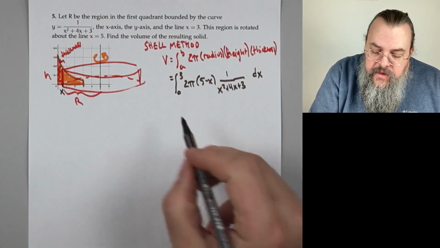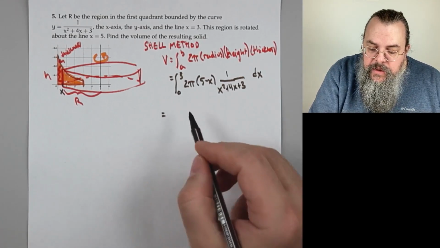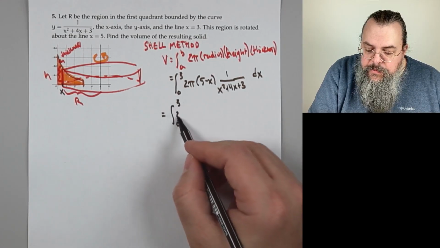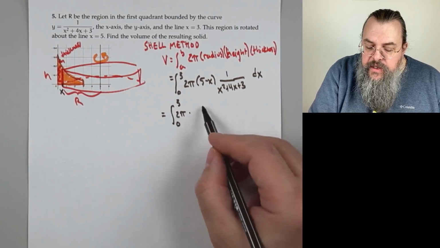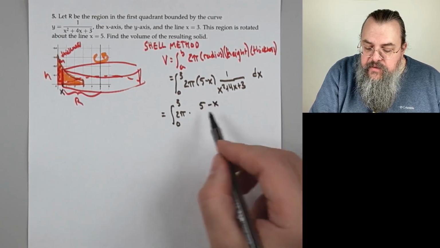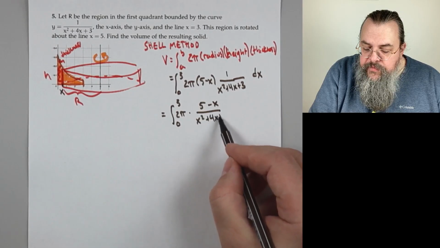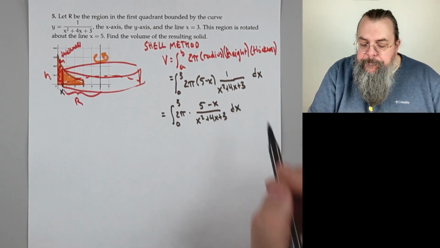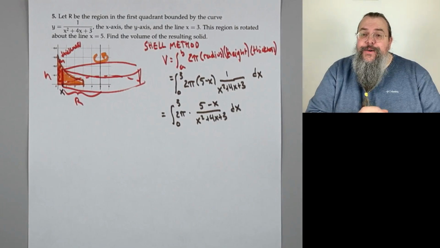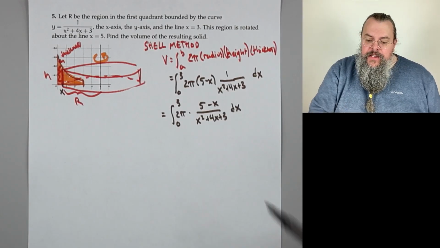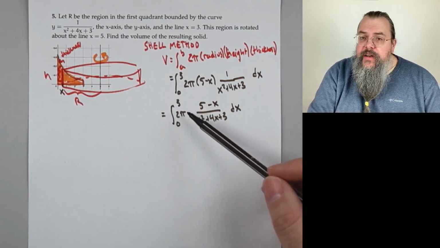All right, so we'll clean this up a little bit more. We have integral 0 to 3, 2 pi we'll just put in front, and we have 5 minus x over x squared plus 4x plus 3. Okay. So now, what's the right technique here? Well, the 2 pi, we don't need to worry about, that's a constant.